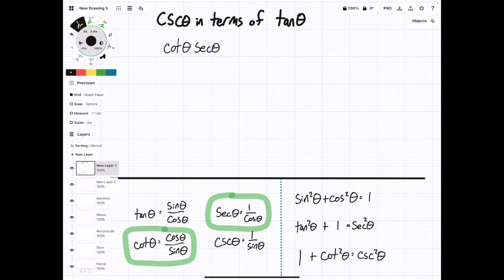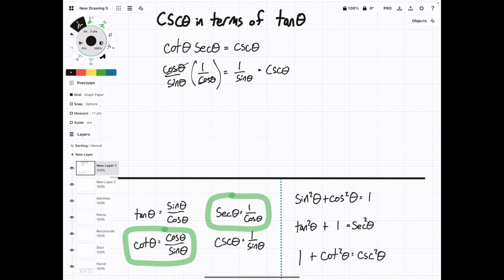If we rewrite it in terms of cosine and sine, we have cosine of theta over sine of theta times 1 over cosine theta. So when we do this, these can cancel and we're left with 1 over sine of theta, which is equal to cosecant theta. So all I'm saying is that this first part here is equal to cosecant theta.